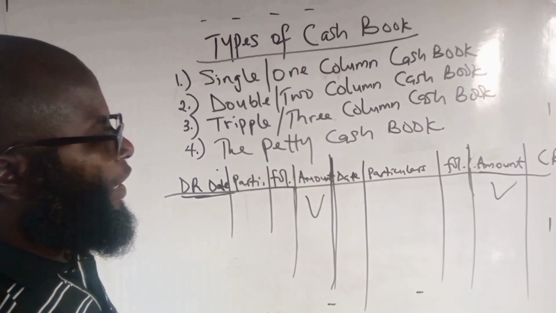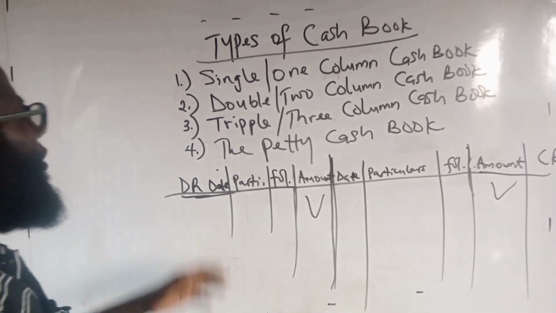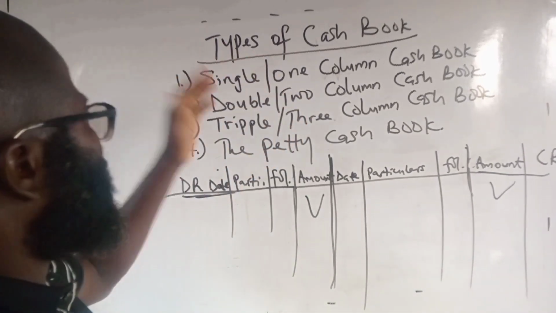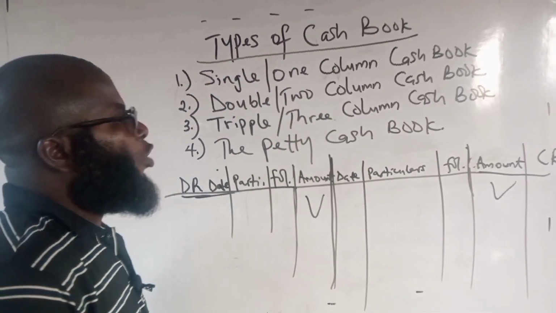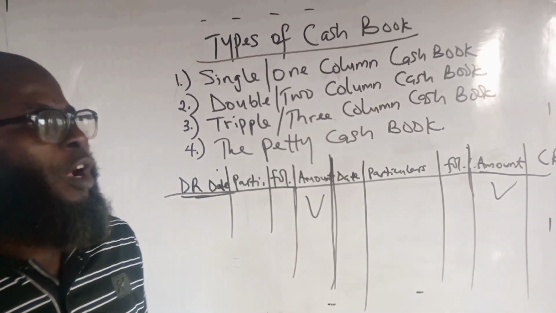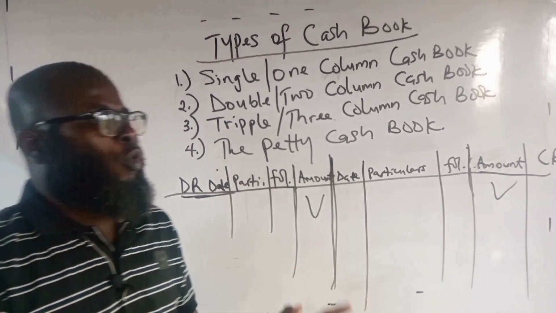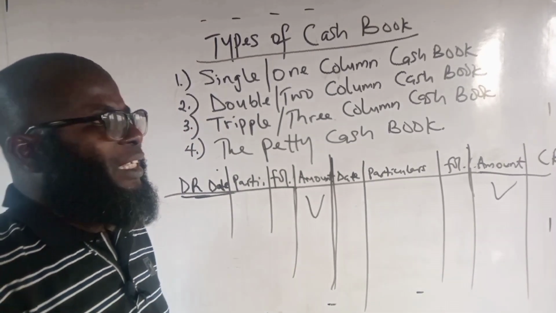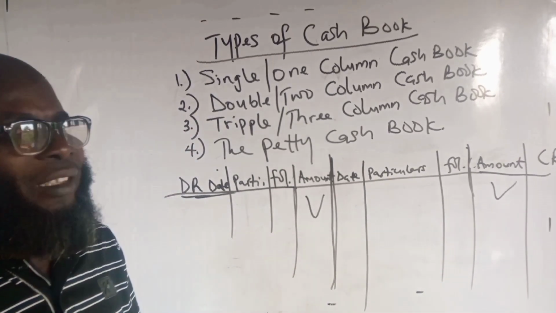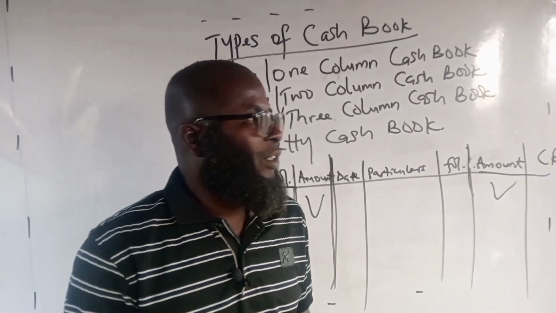Now, let's move to the double column cash book. Double or two column cash book. As you can see, this very particular cash book combines two accounts together in a book. The first account is that of the cash account, while the second one is that of the bank account.